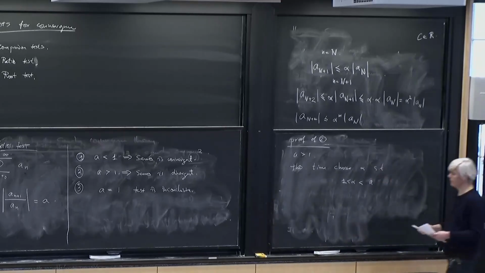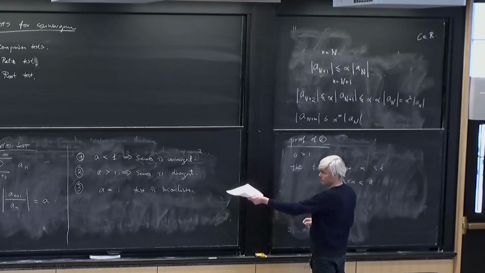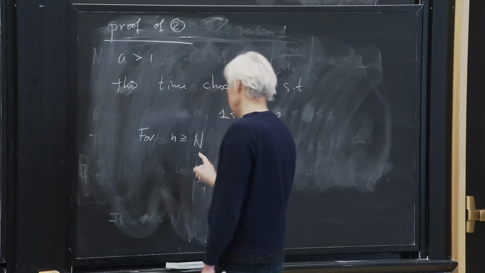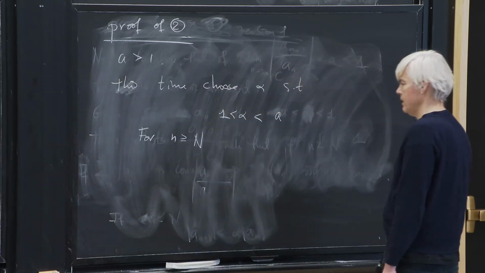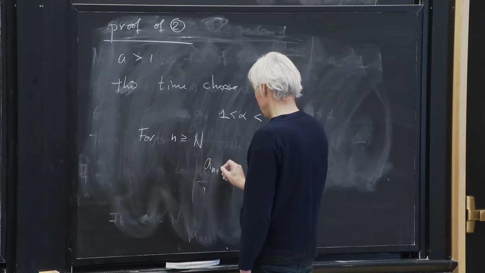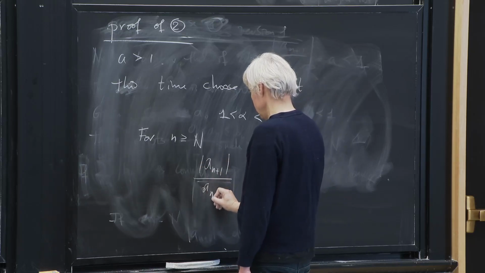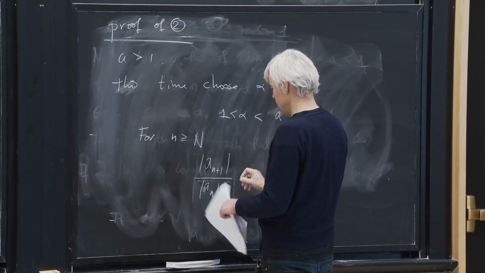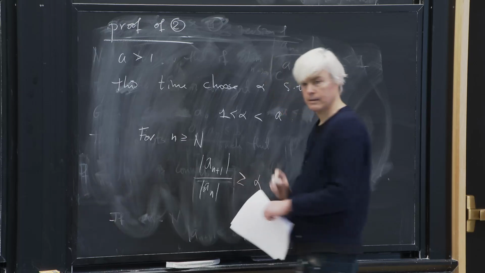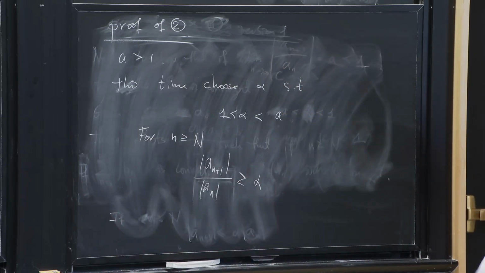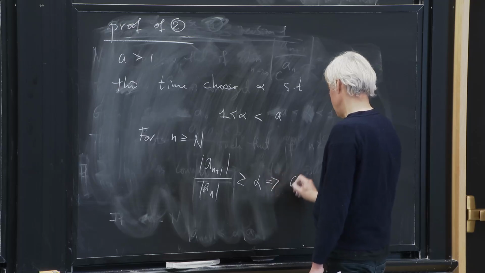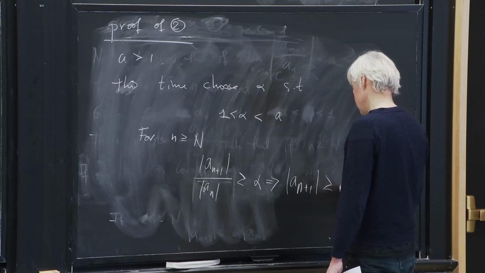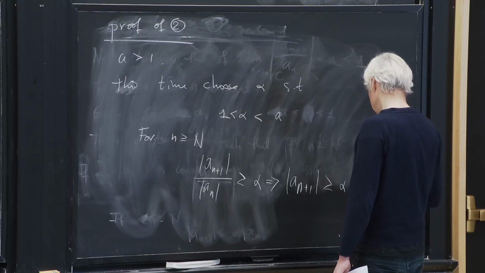But then, since this ratio is converging, there exists some capital N, so that if little n is bigger than capital N, then a_{n+1} over a_n, if it's far enough out, is going to be bigger than alpha. Multiplying over again means that a_{n+1} is bigger than alpha times a_n.